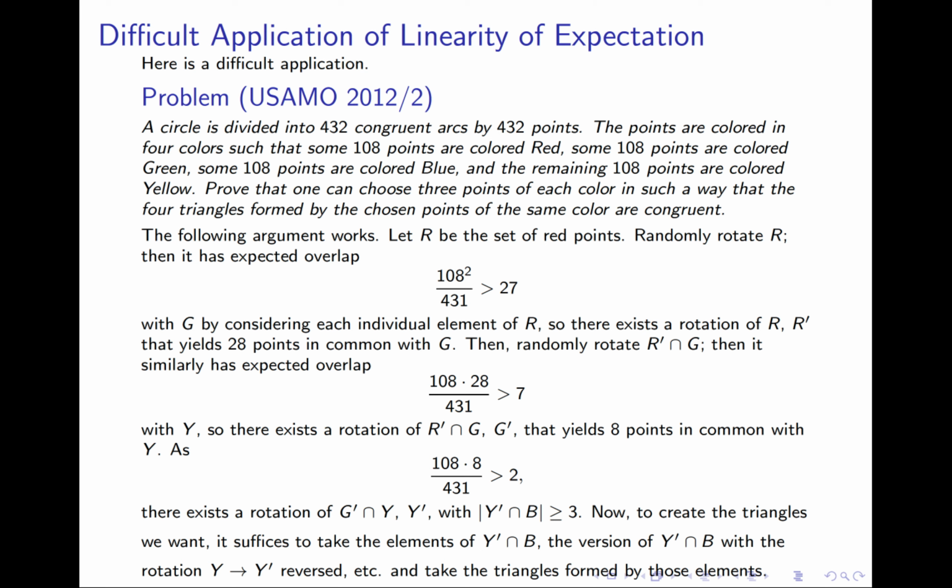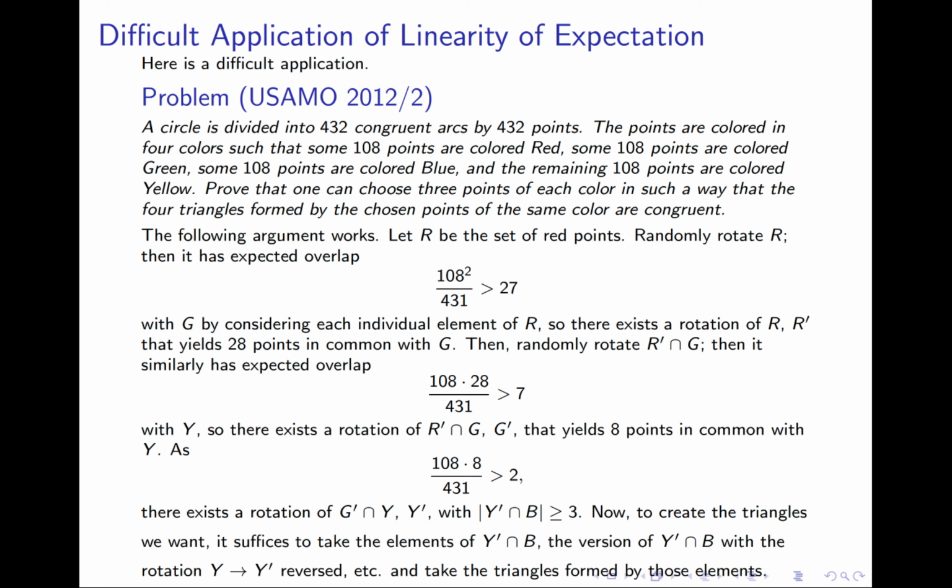And so the expected overlap that particular point contributes is going to be 108 over 431. And so by the linearity of expectation, the expected overlap with any rotation of R with G is going to be 108 squared over 431, which is slightly greater than 27.